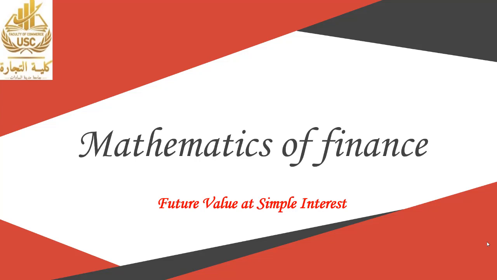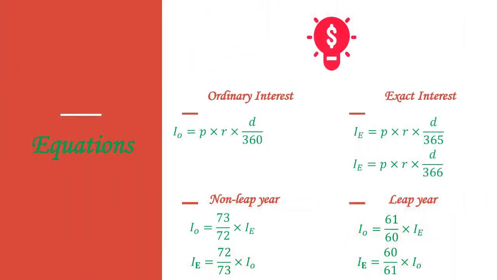Today inshallah we will resume talking about mathematics of finance, future value at simple interest. Questions. At first, ordinary interest: I ordinary equals principal times interest rate times days over 360.